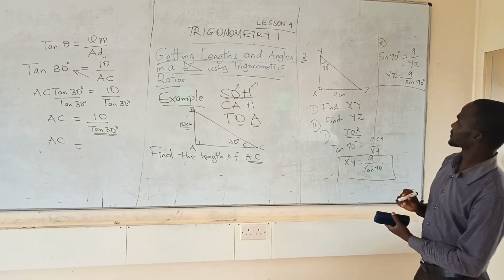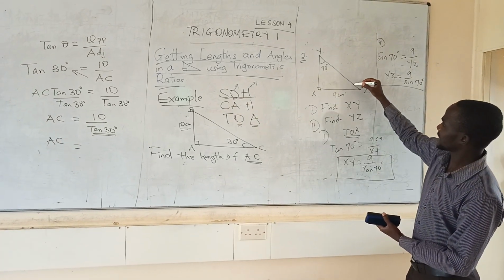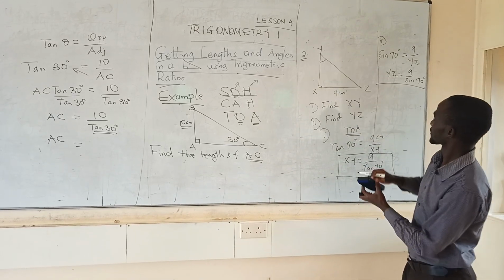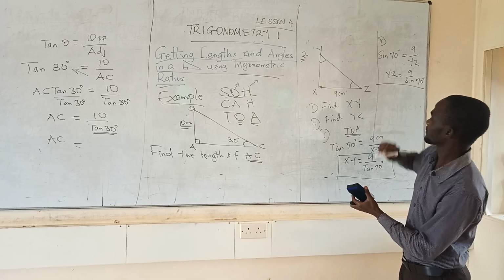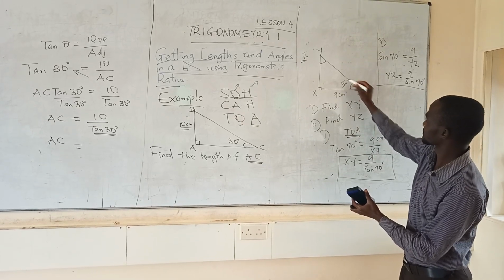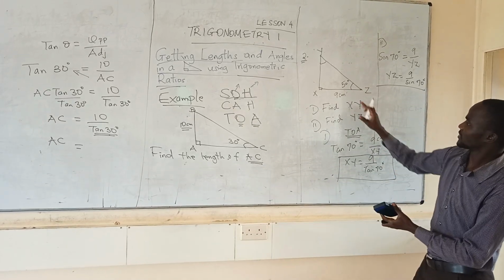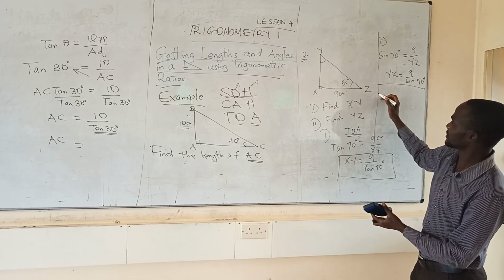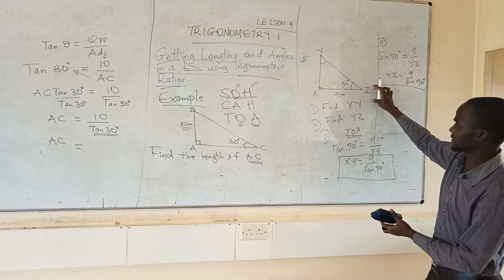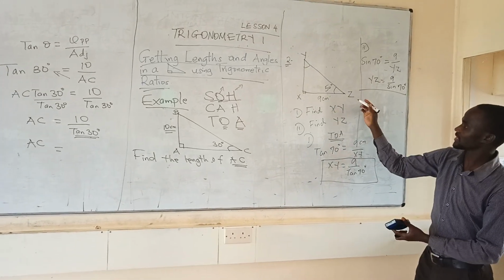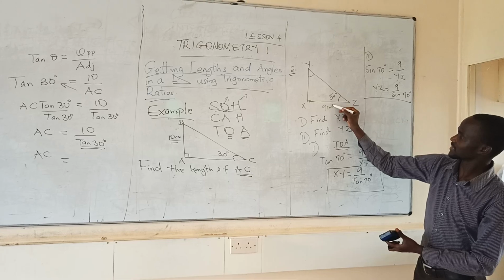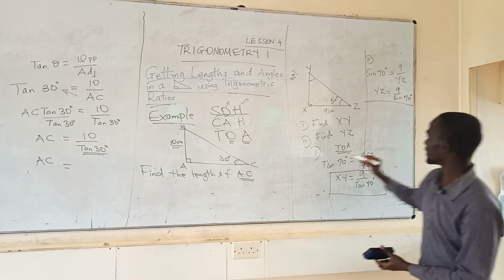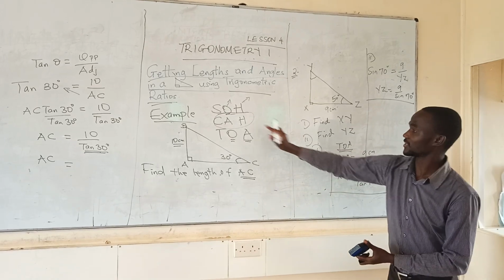And now, let's say, for example, if an angle had been given here, so just allow me to use this. If an angle had been given here as, let's say, 50 degrees, it is adjacent, and you are being asked to get YZ. So if we are finding YZ, then this is adjacent, then the hypotenuse. So we will now make use of the cosine.